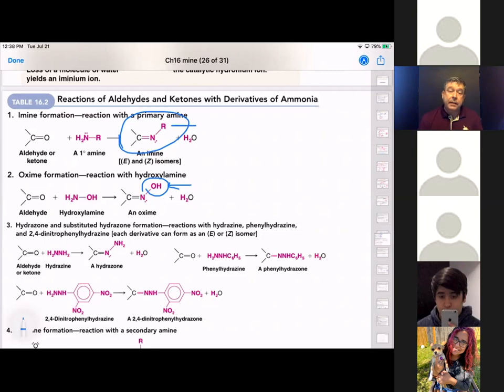It's basically giving us the same functionality. The nitrogen is more basic than the oxygen, and therefore it bonds and gives us that carbon-nitrogen double bond, but it's another structural analog that we can use to protect or react our carbonyl compound. This is used a lot in the presence of aldehydes, in particular because these are really, really water soluble.